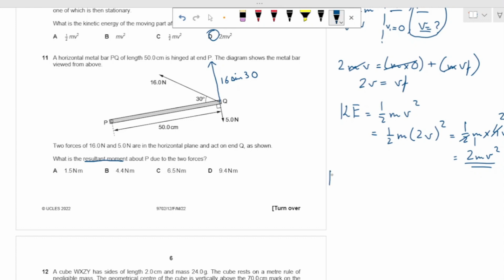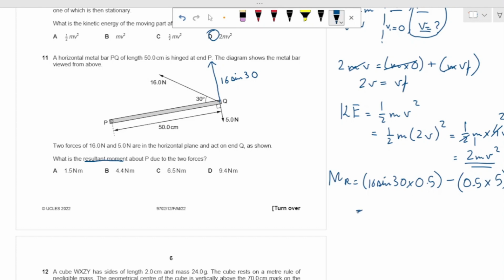So the resultant moment, I'm just going to call it M resultant. It will be 16 sine 30 times 50, but make sure that we divide it by 100 first because we want it in meters, so times 0.5, minus 0.5 meters times 5 newtons.